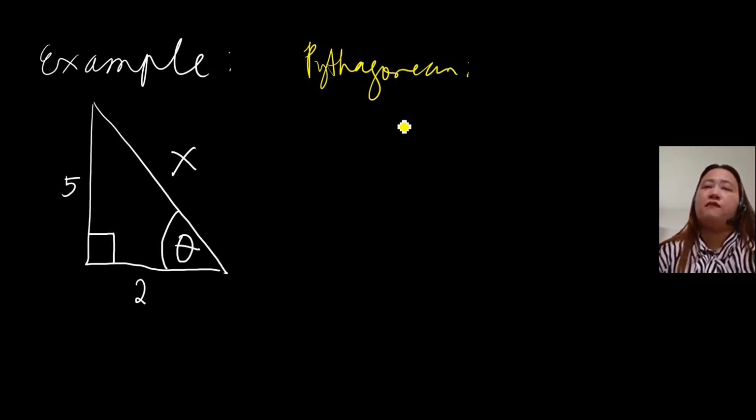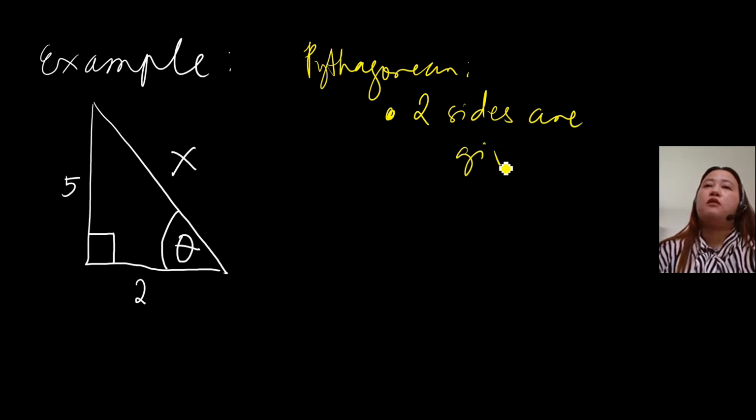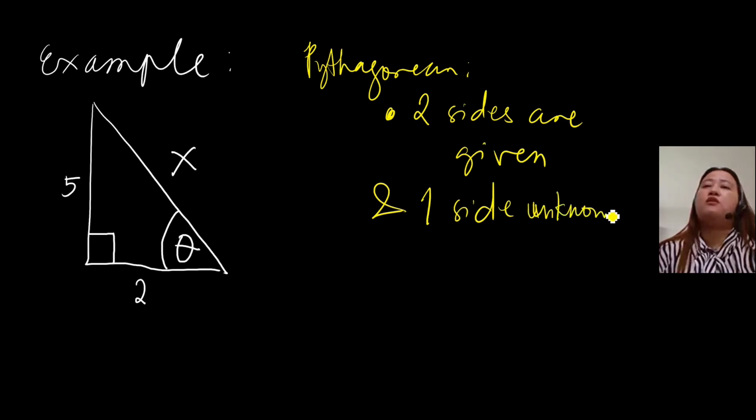This is used if you are given two sides. Two sides are given and then one side is unknown. So in this case, we can use the Pythagorean in determining the measurement of x because 5 and 2 are given and one side is unknown.